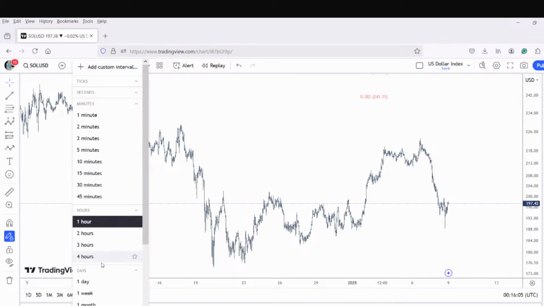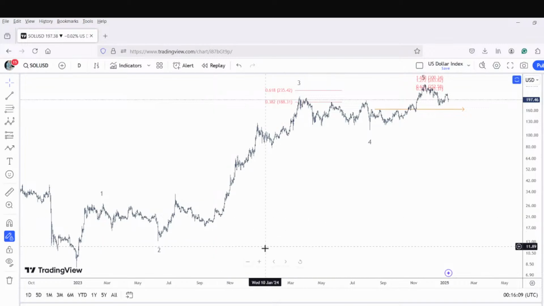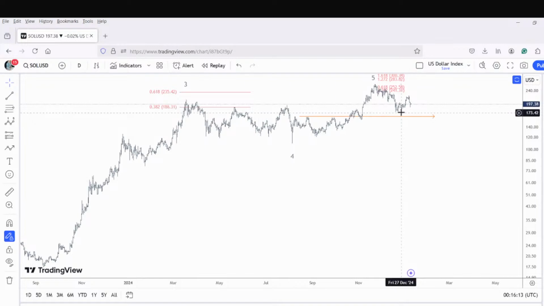Giving you the overall Solana picture. See that corrective wave here. That's what is troubling me. So 175 and 161. Those should be our stop points.